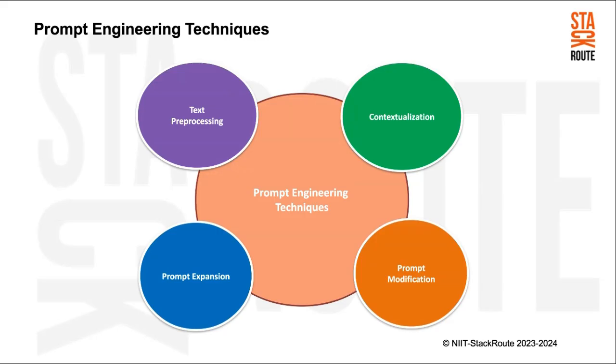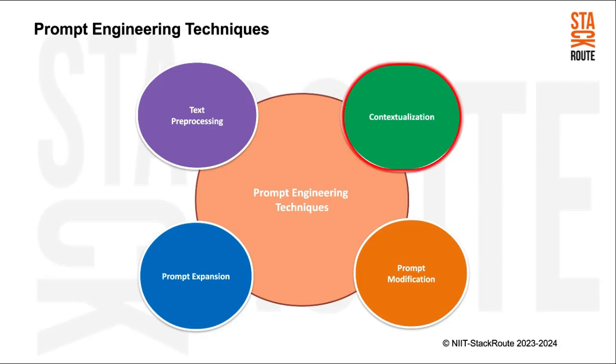Now let us discuss some of the major prompt engineering techniques. So to begin with, we have text pre-processing, which involves cleaning and standardizing the input text to ensure that it is consistent and free from errors. This can include tasks such as removing punctuation, correcting spelling errors, and normalizing the text.